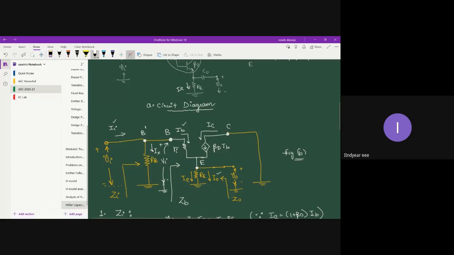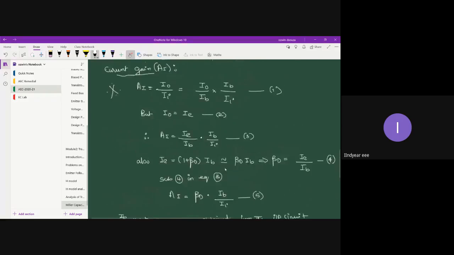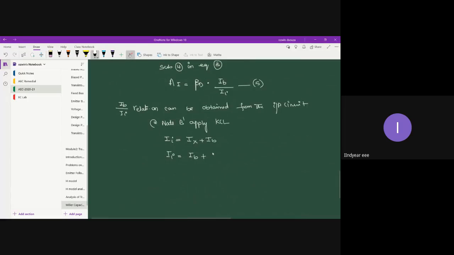So what is IX? IX is nothing but voltage divided by resistance, that is RB.